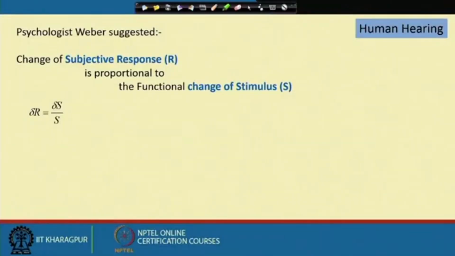If there is a weight in my hand and I increase a little bit of extra weight, can I sense that? That is the change of the stimuli, and R is the sense.